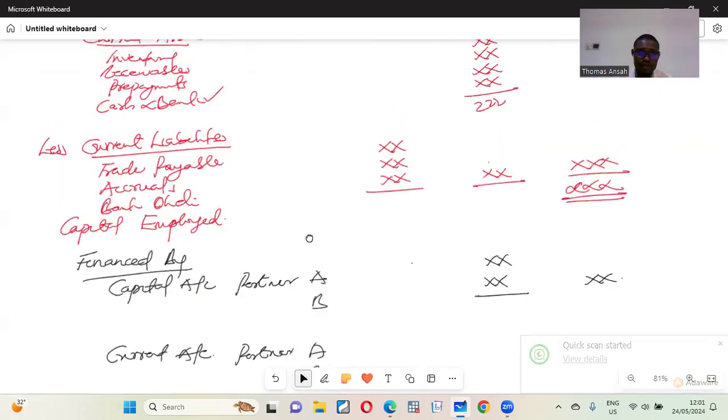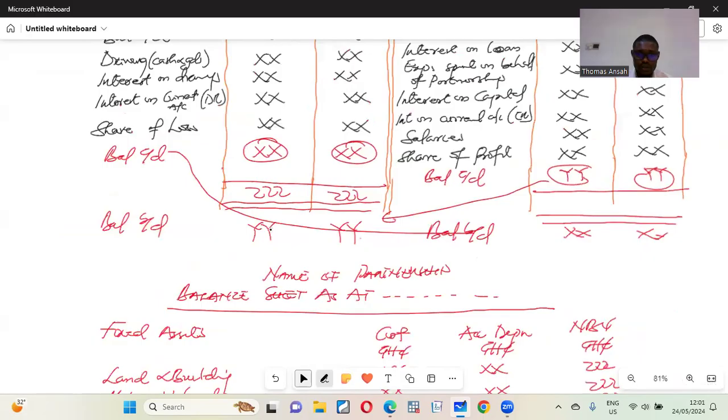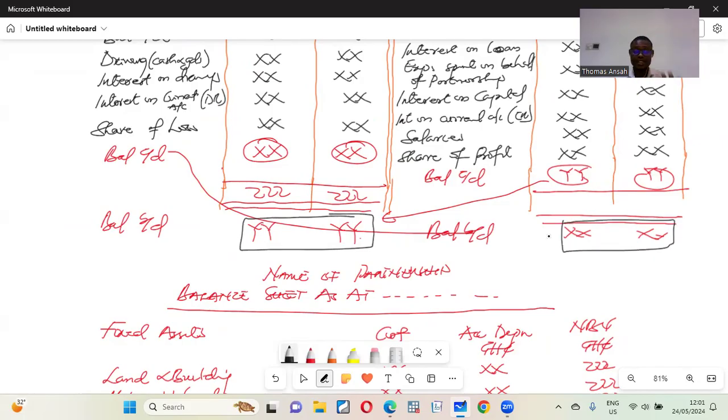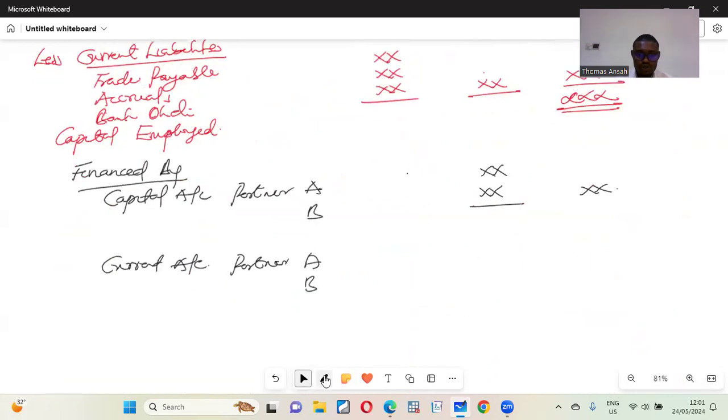Where are they? So let's go to our current accounts, these ones, right? So those ones that are here. Depending on which side it is, you bring them in. So you pick them and put them together. Once you put them together, you will have your capital.